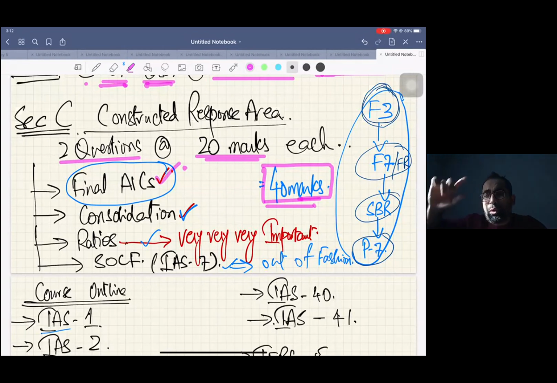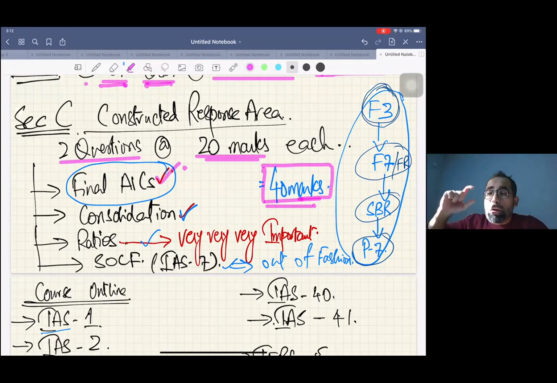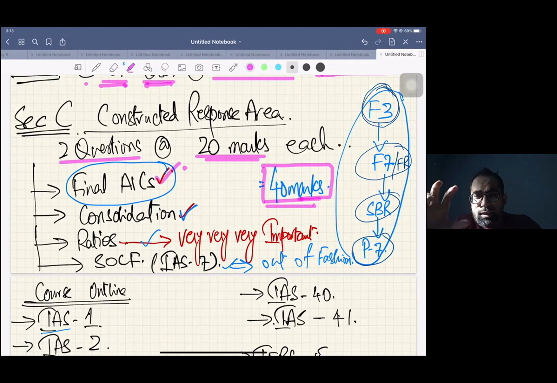So what you have to do, you have to start your journey from unadjusted profit, or uncorrected profit, and then you need to adjust, add or less few things, and then you go to corrected profit. So now the new questions are like that, in which you need to correct errors as well. You need to correct certain mistakes of the accountant as well. This is the latest fashion.